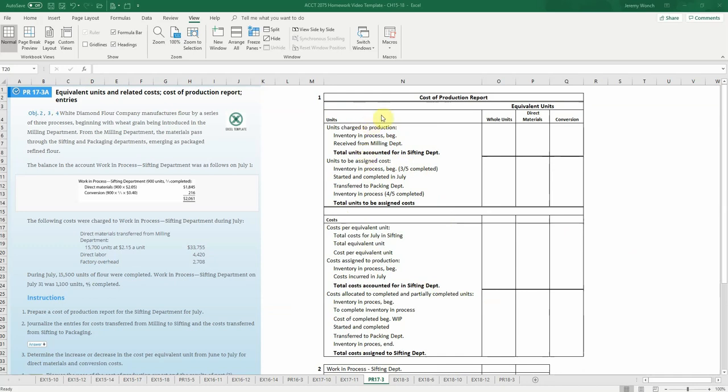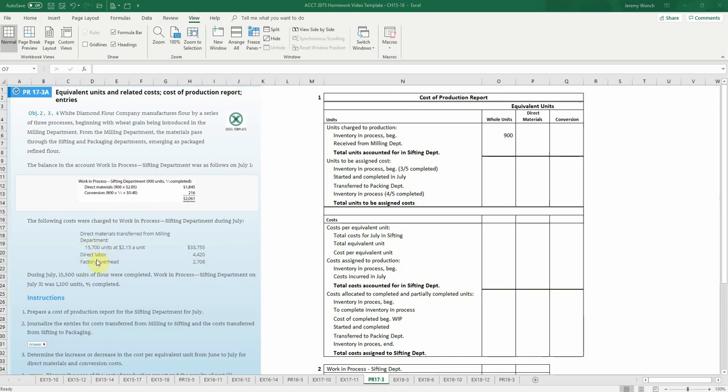Units to be charged to production, we'll start with our beginning inventory. That's over here. So we've got 900 units. And then we have the amounts received from the milling department. For that, let's see. Oh, right here.